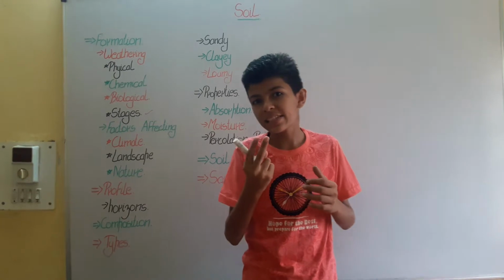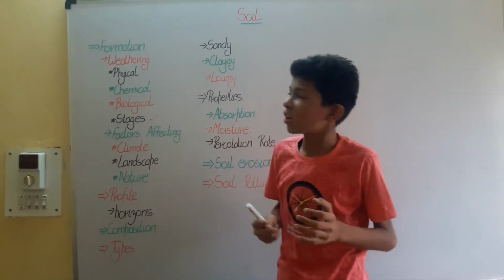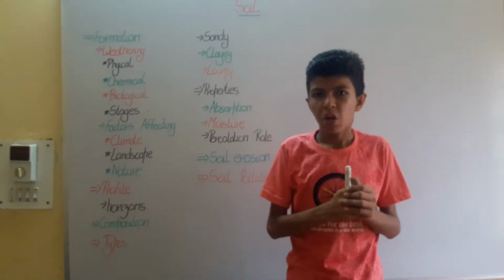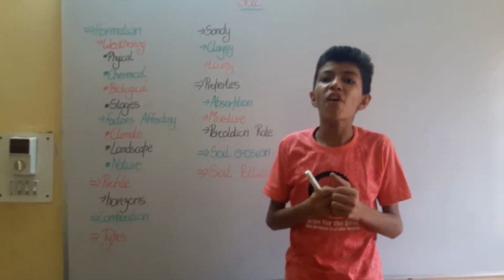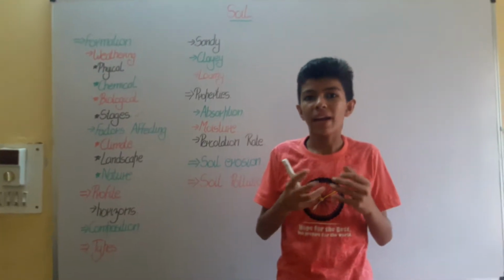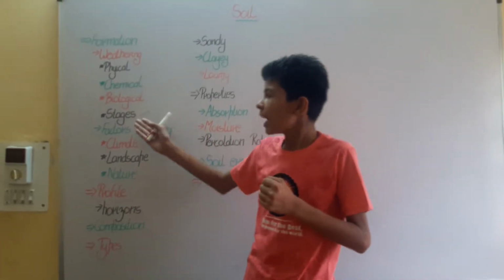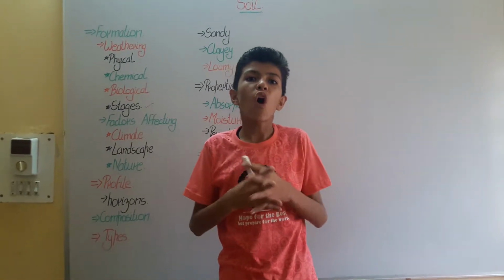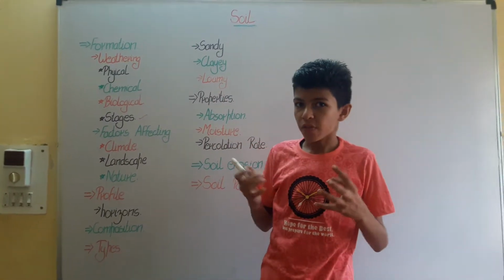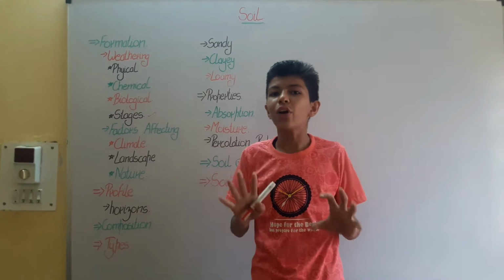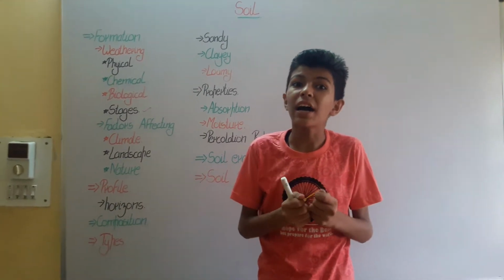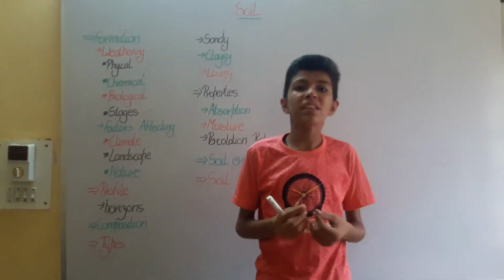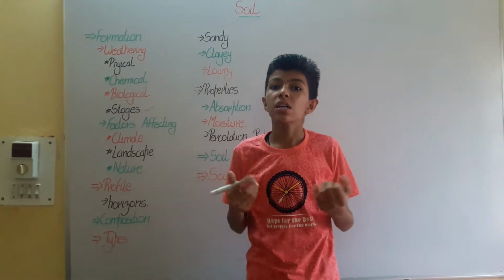Then in the second stage, the rocks were somewhat broken down. Not most of them, but some of them. Then in the third stage, the rocks are broken down into even smaller pieces, which we now call soil.